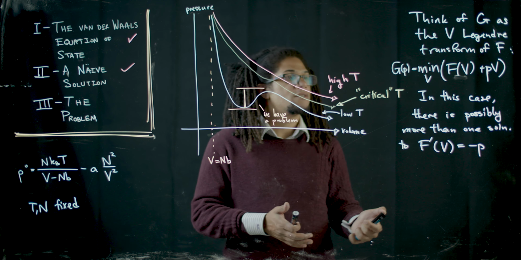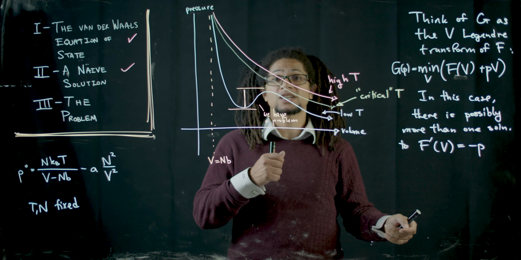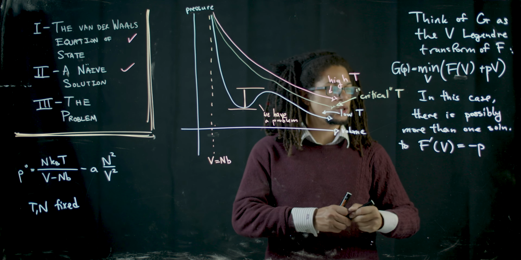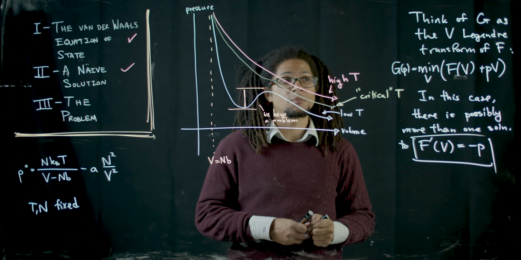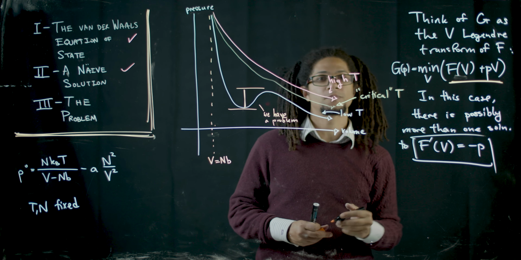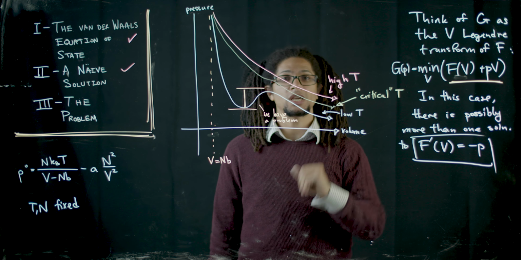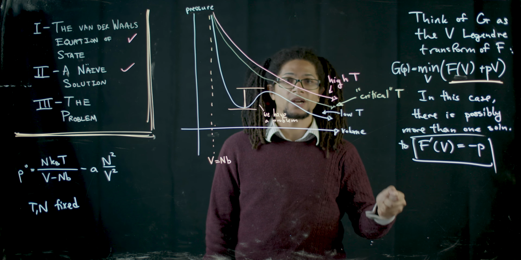We might have two solutions to this equation, and we'll have to compare them to see which one actually minimizes this expression. Whichever one does minimize this expression gives us G, and more importantly, tells us what the actually achieved pressure is.